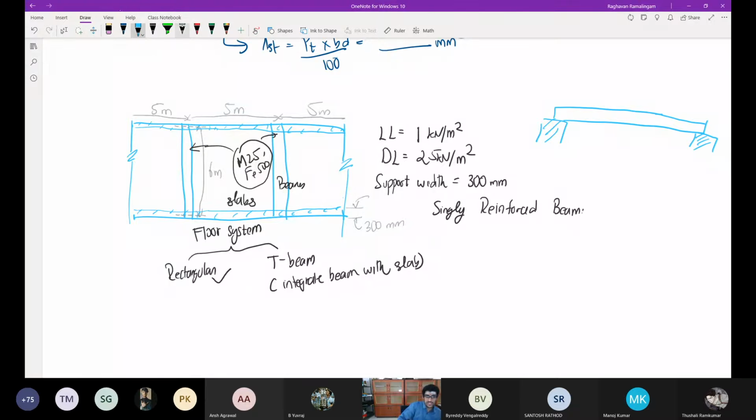I've assumed that this beam is resting from the center of this support to the center of this support. Center to center distance of the supports is what I've given.